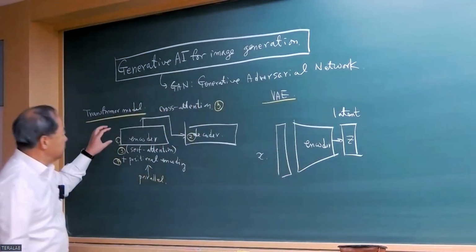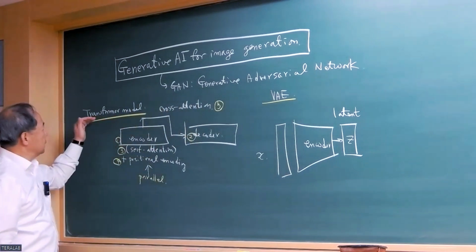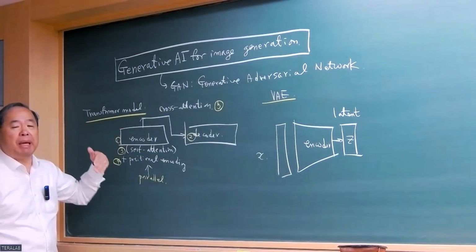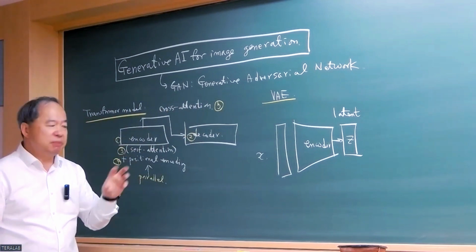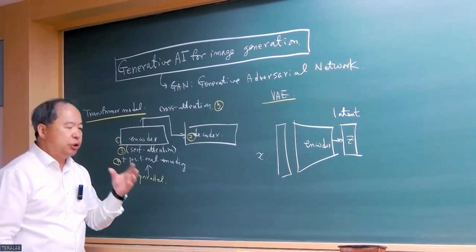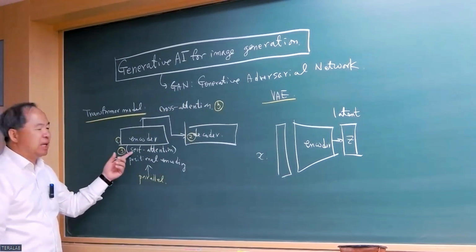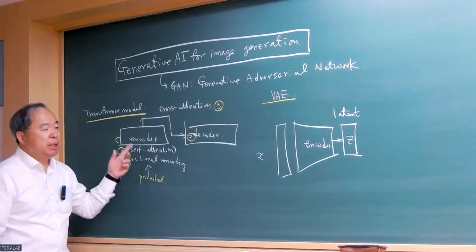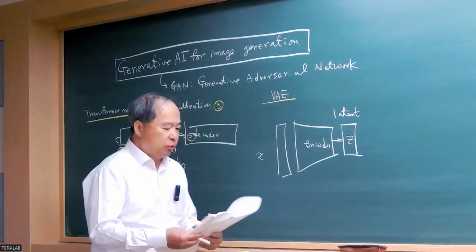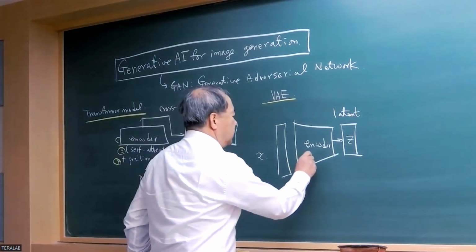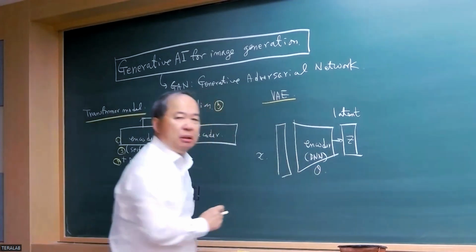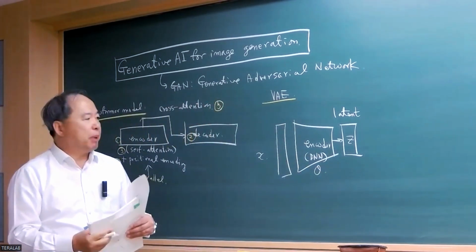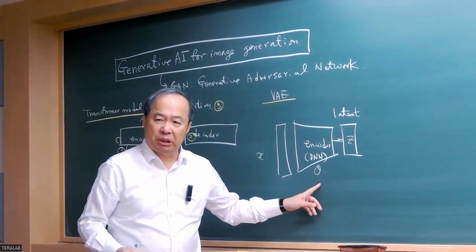Of course, here the encoder and decoder, as in the transformer model, are made of deep neural networks. Specifically, in addition to the deep neural network, it has a self-attention mechanism. That means you have a lot of parameters. And during the backpropagation, these parameters will be determined.